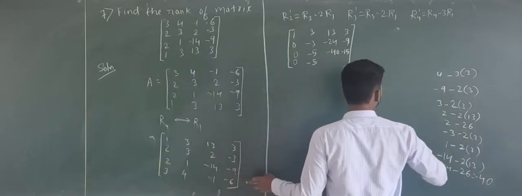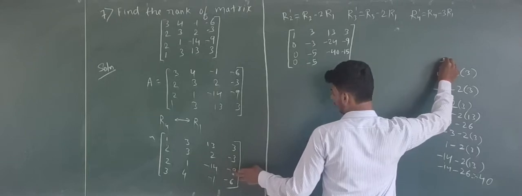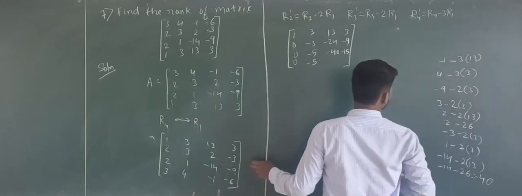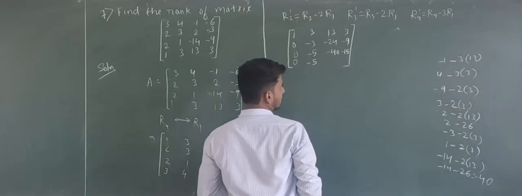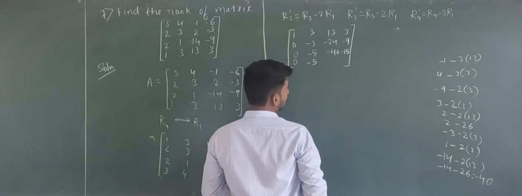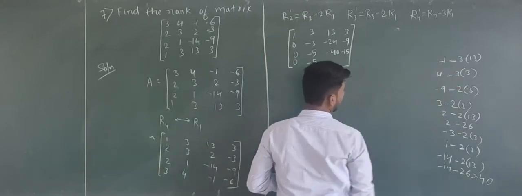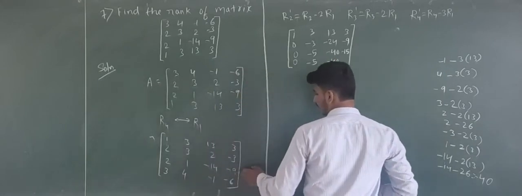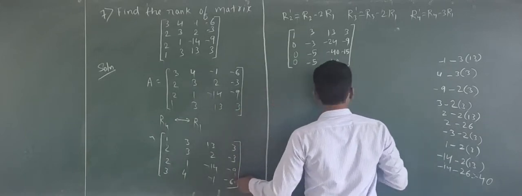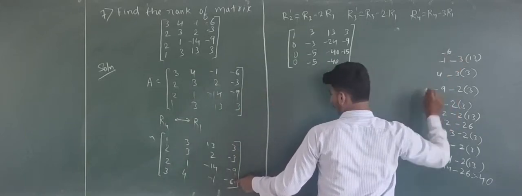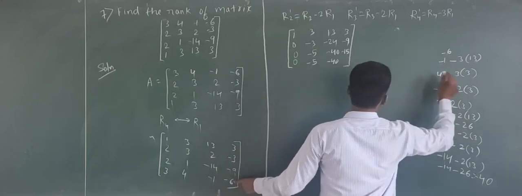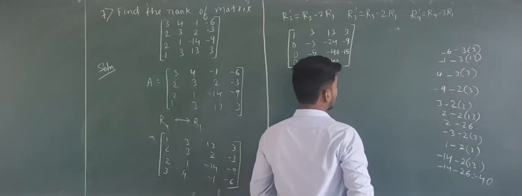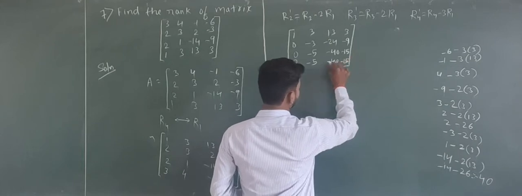Next, -1 minus 3 into 13, that is -1 minus 39, which is -40. Next, -6 minus 3 into 3, that is -6 minus 9, which is again -15.